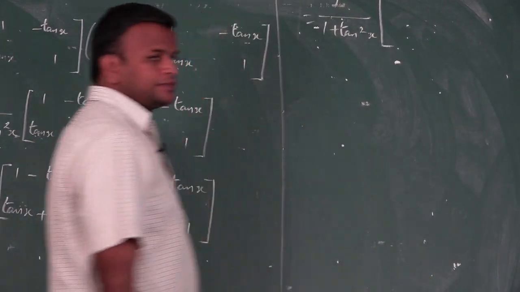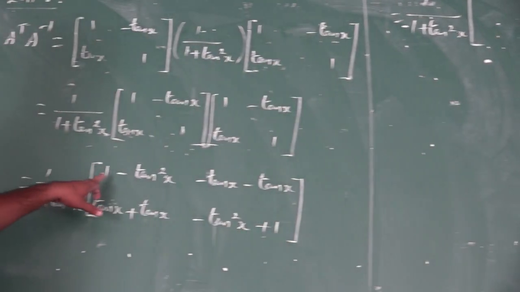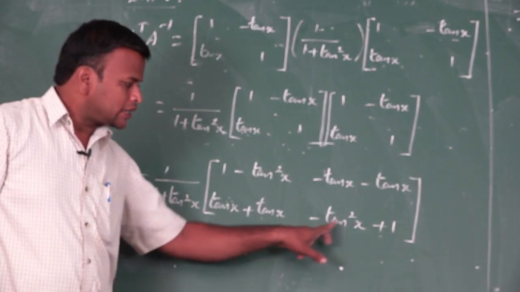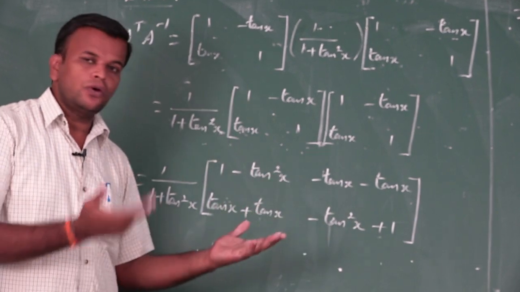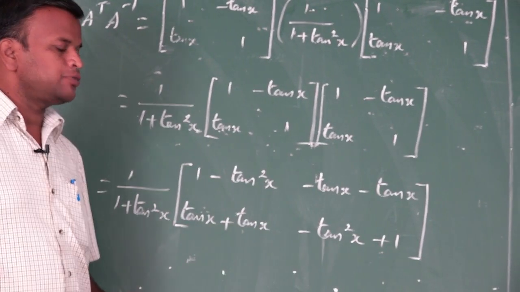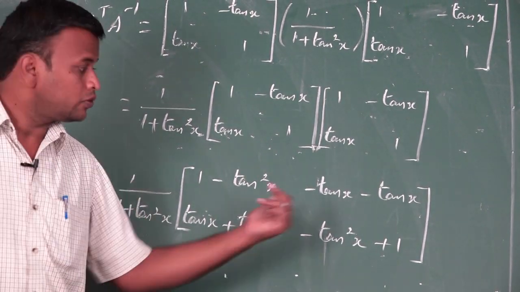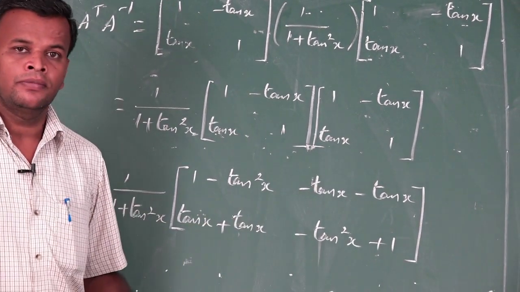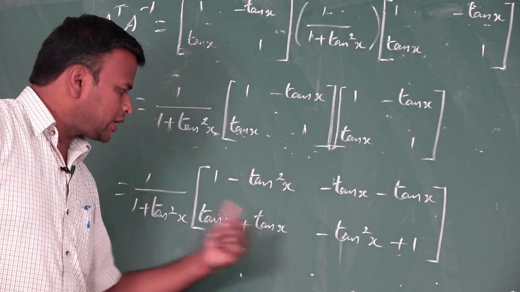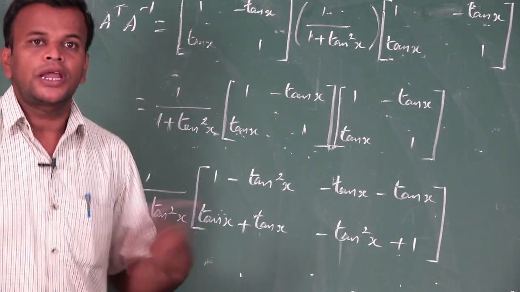Now it becomes 1 minus tan square x, no change. We write minus tan square x plus 1, which is also 1 minus tan square x. What is the sum of minus tan x? It's the sum of 2 tan x with a minus, so it becomes minus 2 tan x. And tan x plus tan x becomes 2 tan x.